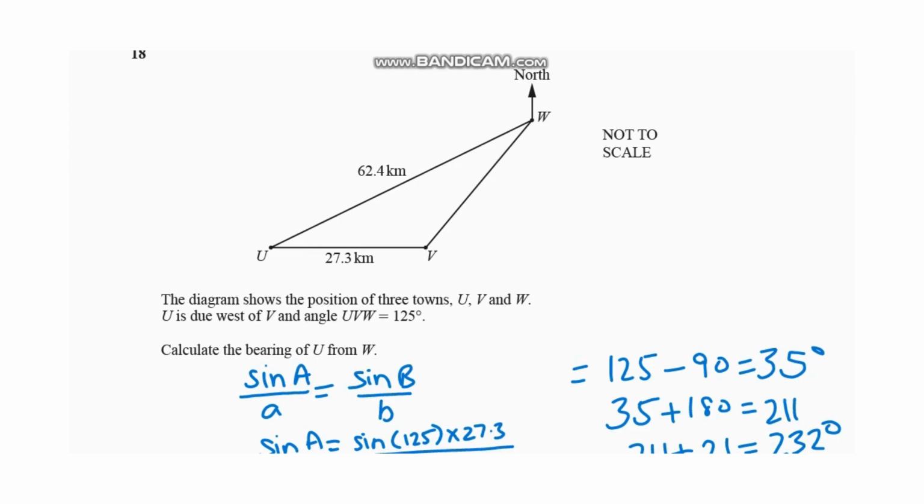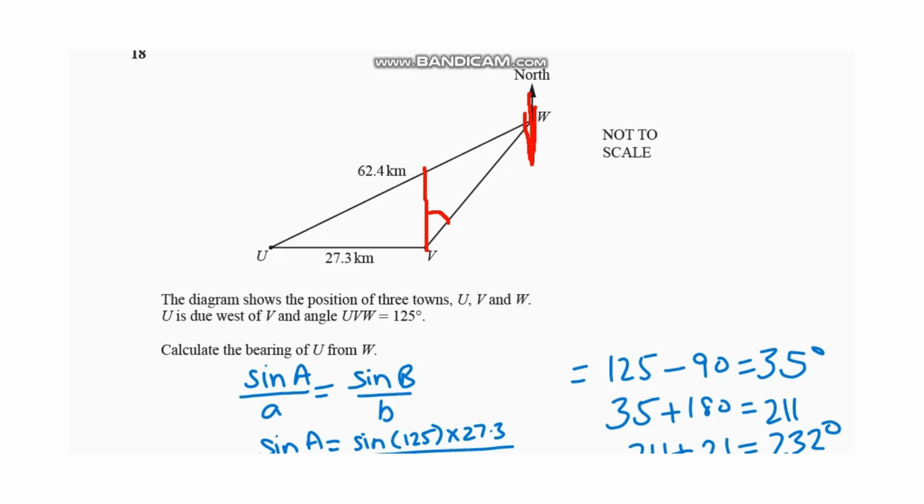So how did we do this? First we have the bearing of UVW. Here, over here we have UVW. We first subtracted 90 degrees over here. So to calculate this angle, we have to calculate first this angle. Now we have calculated this angle. We will add this into 180 over here.